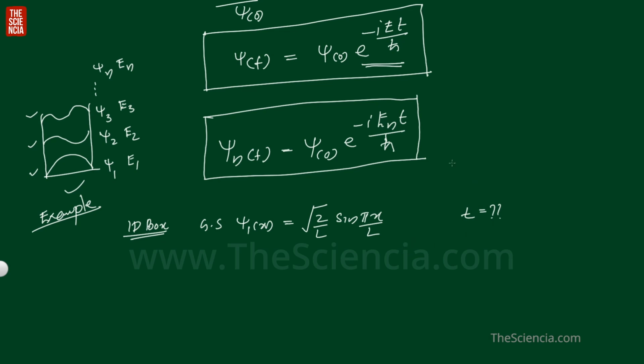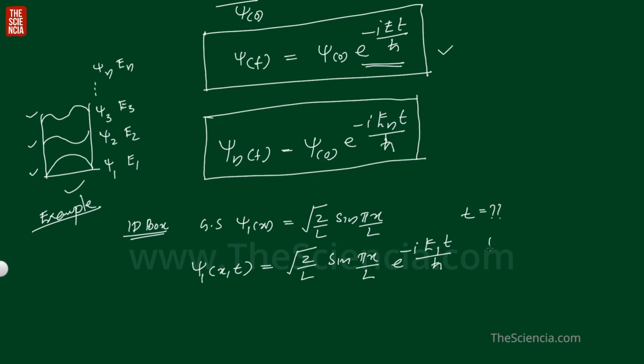We have to use this equation, that is ψ of x,t is equal to root 2 by L sin πx by L into e raised to minus i E1 t by h cross, where E1 is the energy associated with the wave function ψ1 of x.